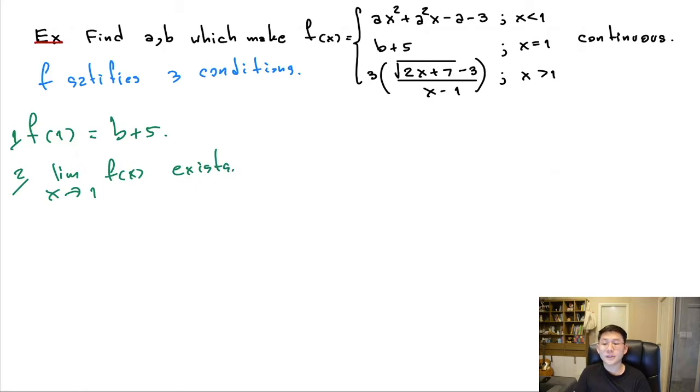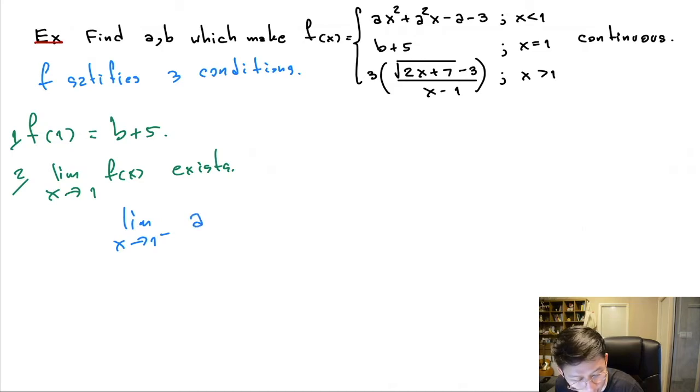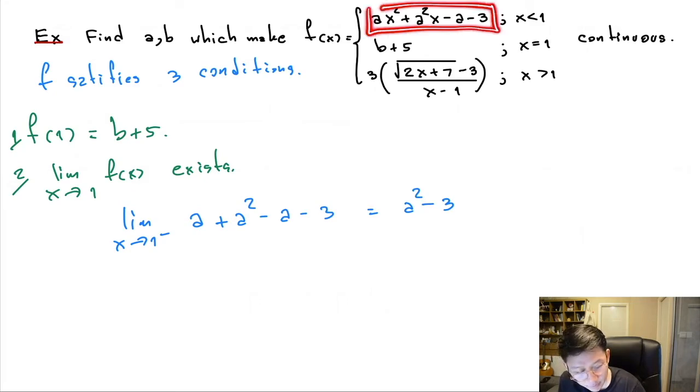Which means that the limit as x approaches 1 from the right-hand side. I'll look at the left-hand side first, which is a plus a squared minus a minus 3, which is a squared minus 3, right? Here we use this, and we substitute x by 1. Okay, let me do it a little slower.